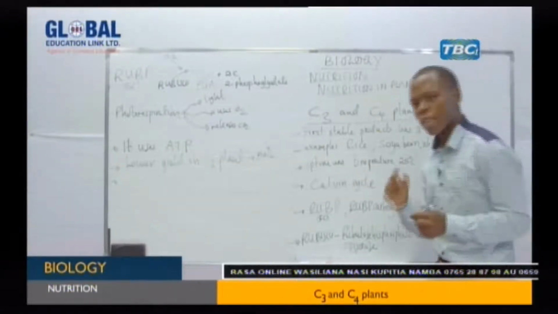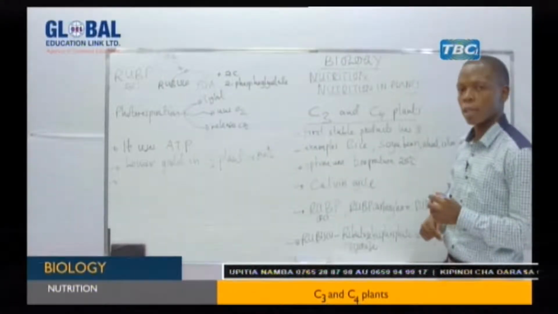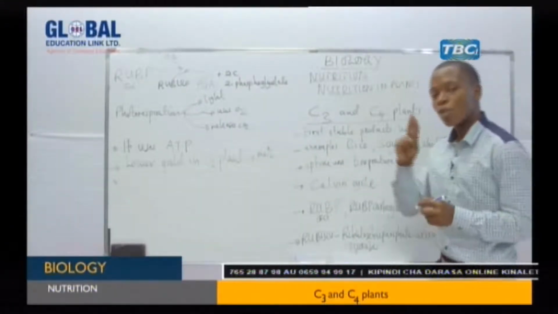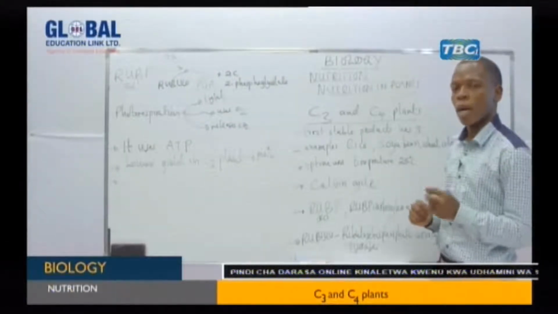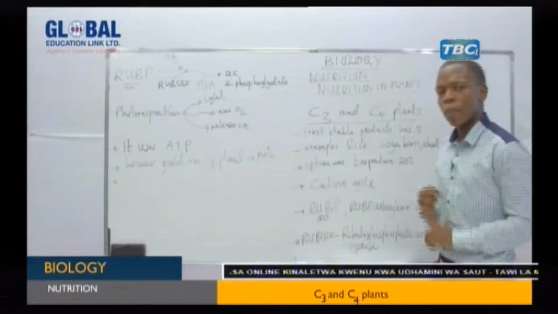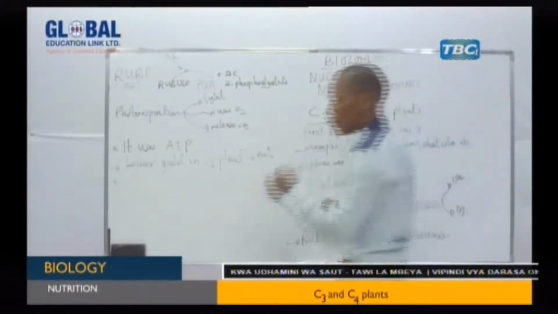Okay, what are the factors which influence the process of photorespiration to occur? Actually, we are saying there are two main factors which influence the process of photorespiration to occur, and these are high temperature and high concentration of oxygen. These are two main factors.